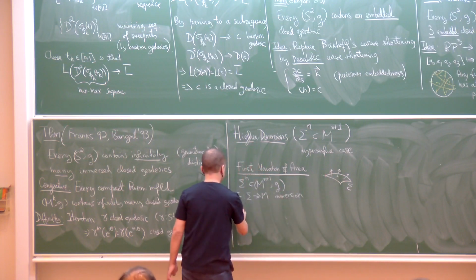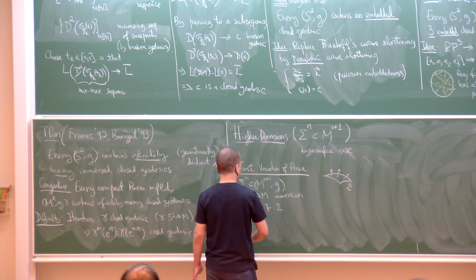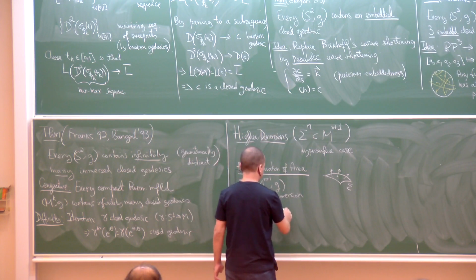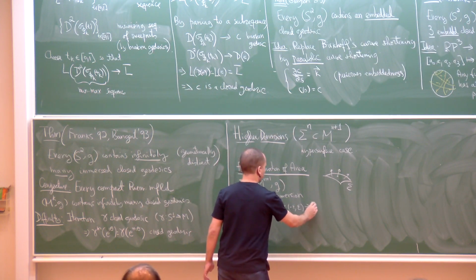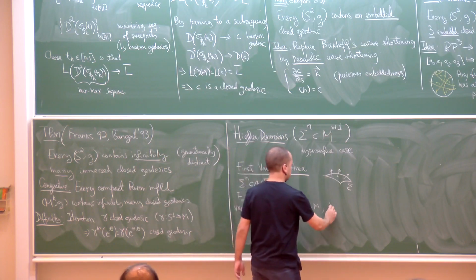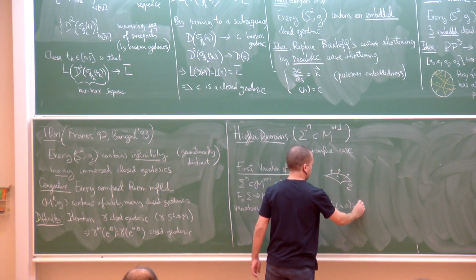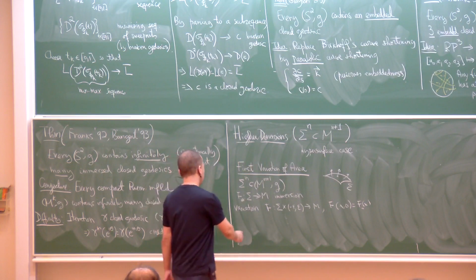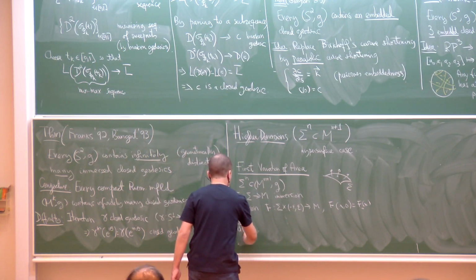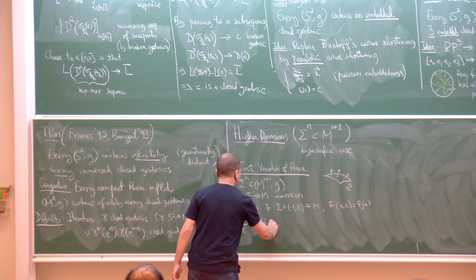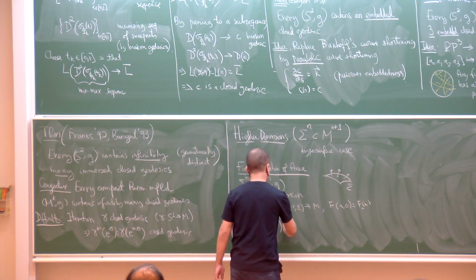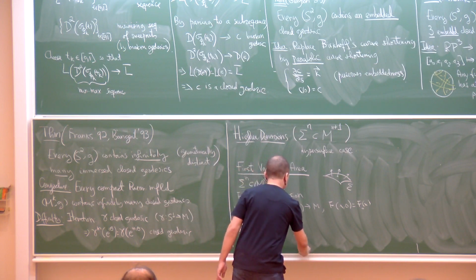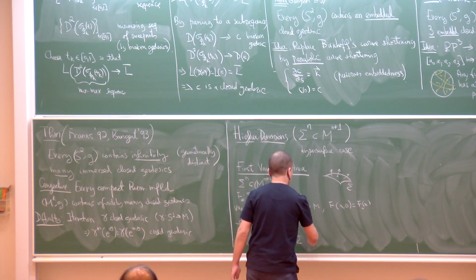I can consider a variation, a map F from sigma times (-epsilon, epsilon) into M. So this is a variation of F, so that F_0 is just F. Then if I differentiate with respect to t the area of F_t of sigma, this gives me the integral over sigma of the divergence over sigma of the velocity vector.